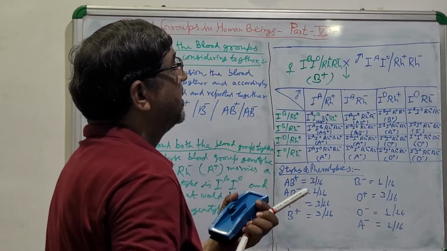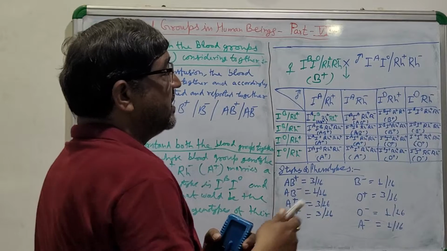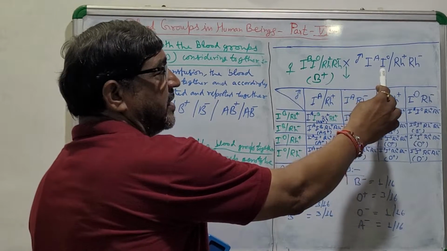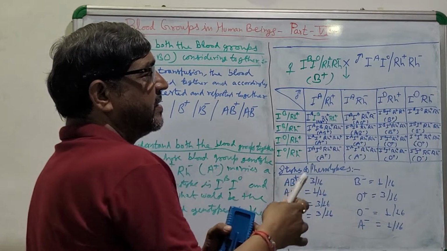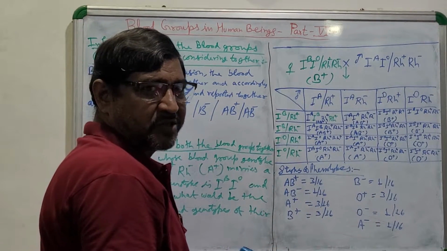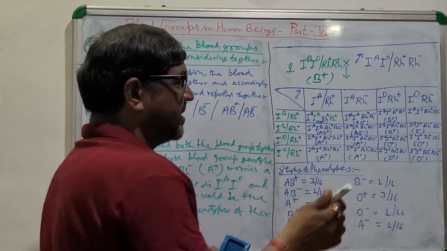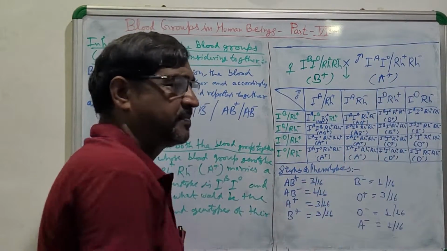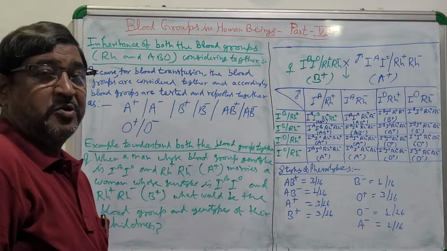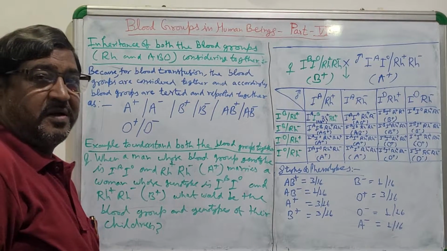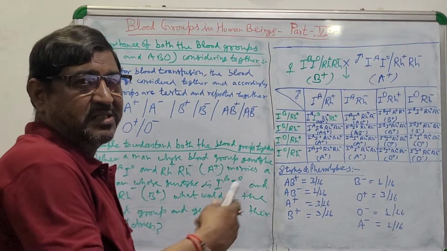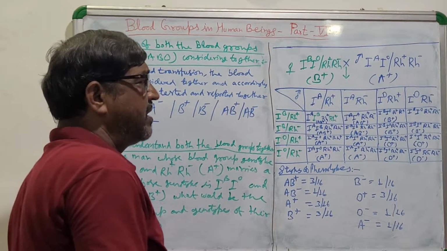The male has A positive, in heterozygous condition, but the phenotype will be A positive. So see the gametes formed by this male and female.